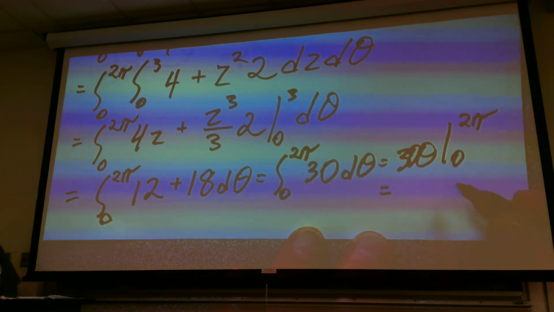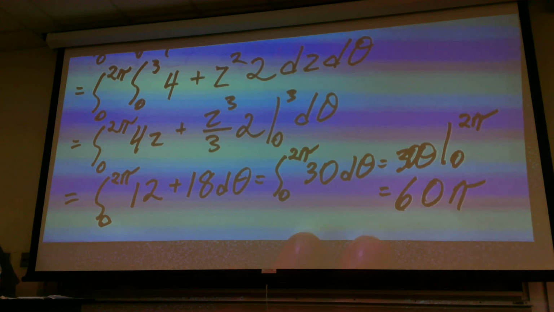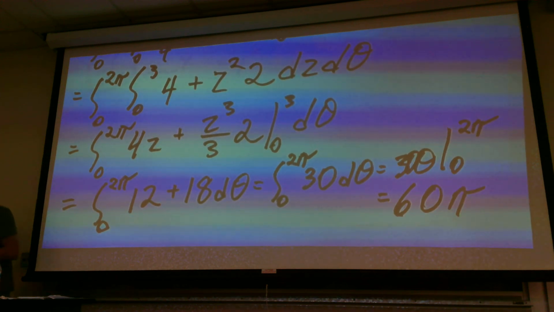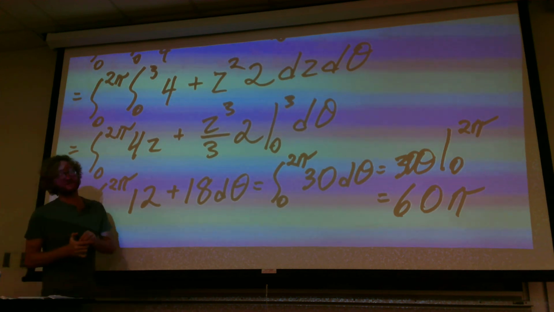And the answer ends up being 60 pi. Okay, so that's the outward flux along the vector field in cylindrical coordinate systems.